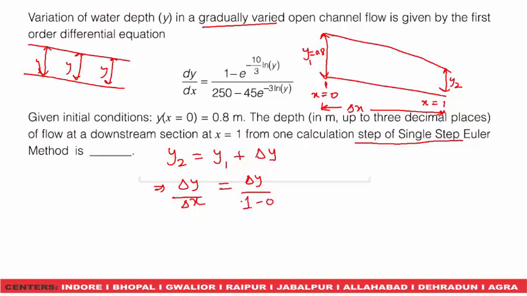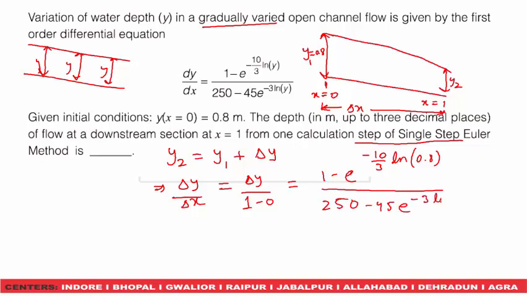So this is equal to 1 minus e to the power minus 10 by 3, and we are applying this dy by dx at x equal to 0. So here y is y1, that is 0.8. So that is natural log of 0.8 divided by 250 minus 45 into e to the power minus 3 natural log of 0.8.